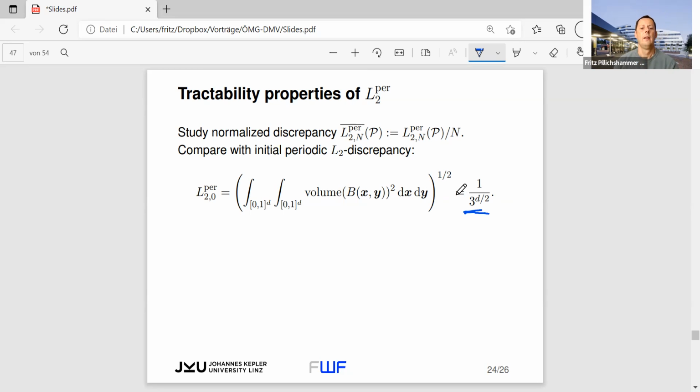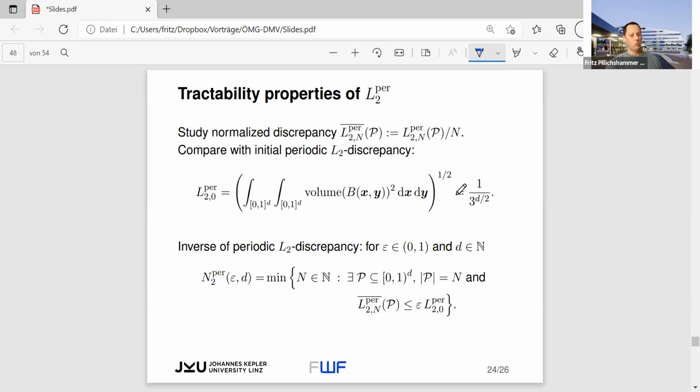Okay. So now we define the so-called inverse of periodic L2 discrepancy for a given error demand epsilon between 0 and 1 and dimension d. The inverse of periodic L2 discrepancy is just the minimal number n of points that is needed in order to reduce this initial discrepancy by a factor of epsilon.